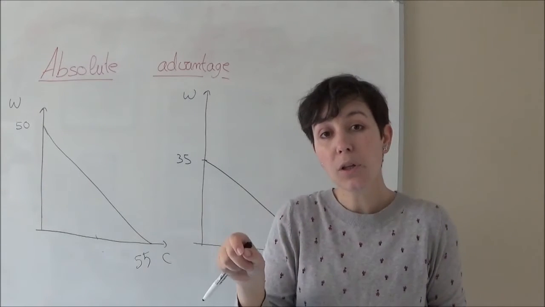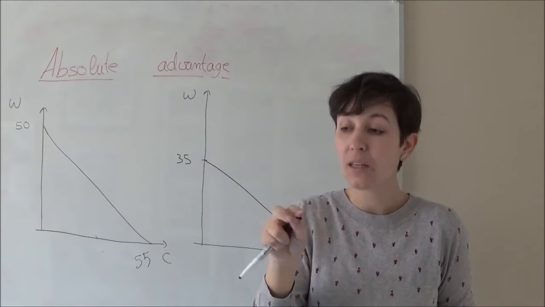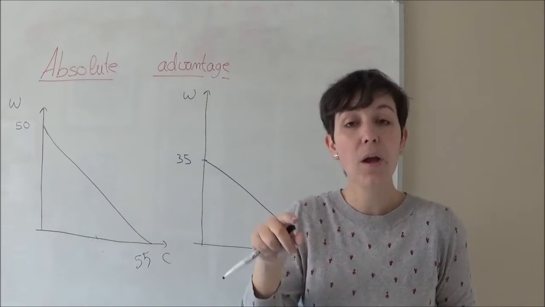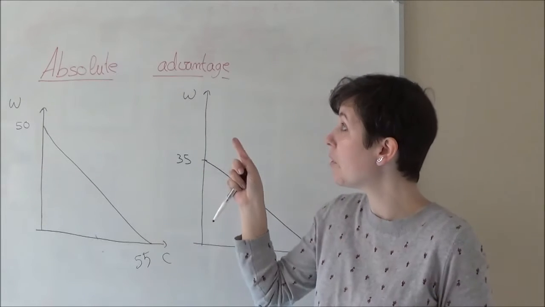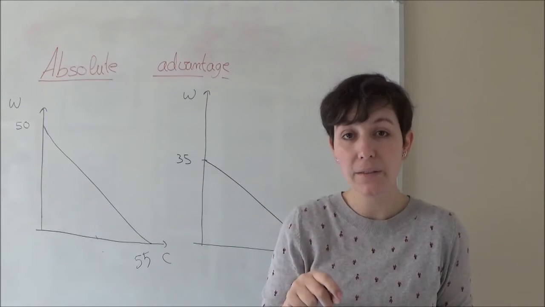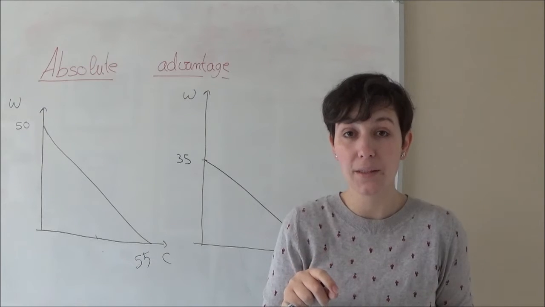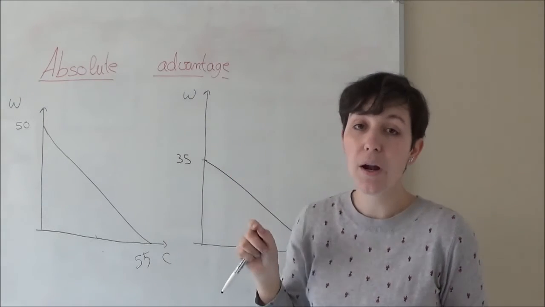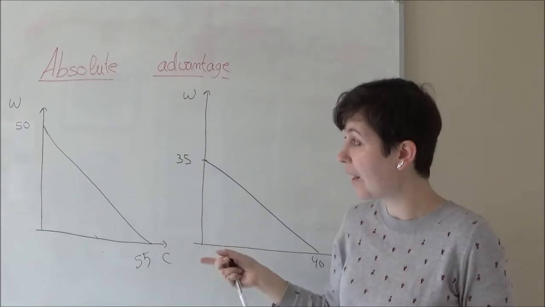So, absolute advantage and comparative advantage are not going one against the other. If we have an answer using the absolute advantage, we are going to have the same answer using comparative advantage. The problem is we don't always have an answer when we are using absolute advantage, like in this case.